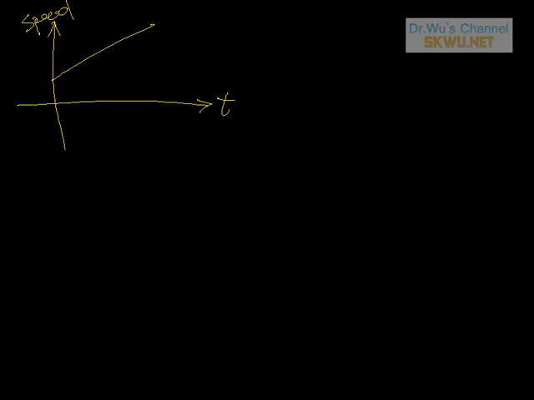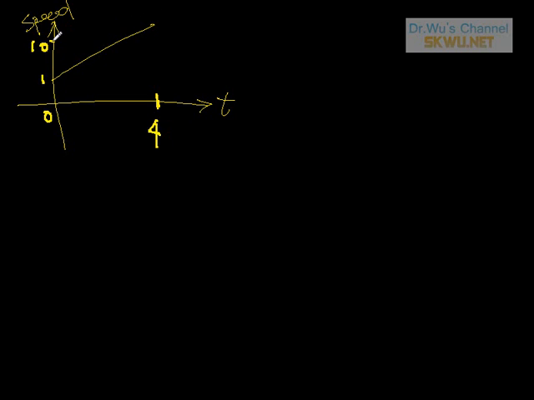Okay, so how can we find the acceleration and the distance when time equals 0, speed is 1, and let's say this point is 10.